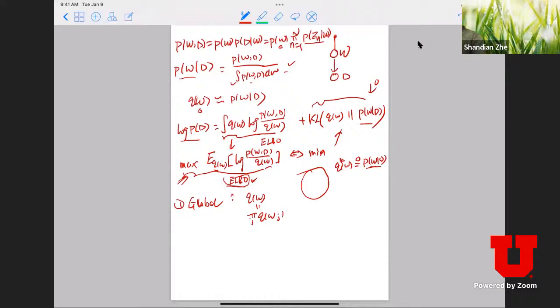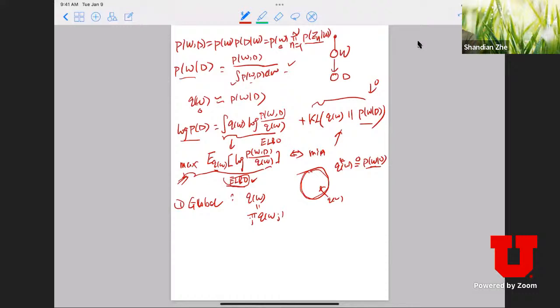Right? And this depends on the problem, right? So if you can choose a simple enough structure of Q of W, then your maximization of this ELBO under this smaller range of Q of W will be a lot easier.